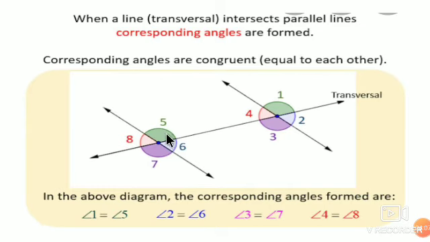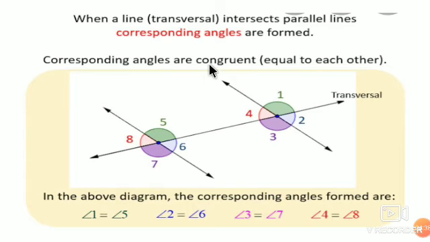So angle 1 and 5, angle 4 and 8 are the two pairs of corresponding angles on one side of the transversal. In the same way, we can observe angle 2 and angle 6, angle 3 and angle 7 are also pairs of corresponding angles. So we can observe four pairs of corresponding angles here: 1 and 5, 2 and 6, 3 and 7, 4 and 8.